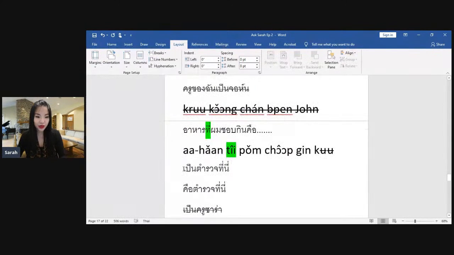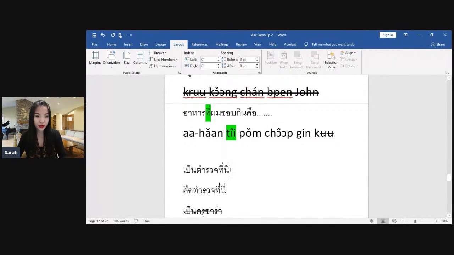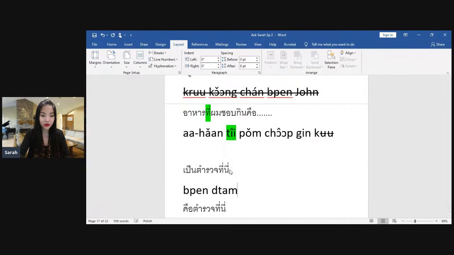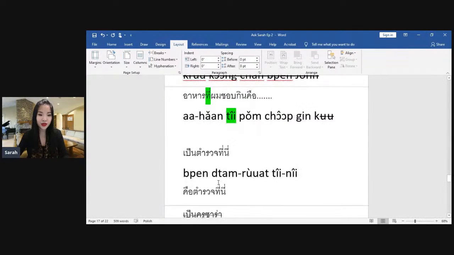And this one is the one that I told you earlier. เป็นตำรวจที่นี่, yeah. So this one is fine. You can say เป็นตำรวจที่นี่ or คือตำรวจที่นี่. It's fine. So to sum it up, you can use เป็น with occupation, and you can still use เป็น even though it's occupation with a specific description.